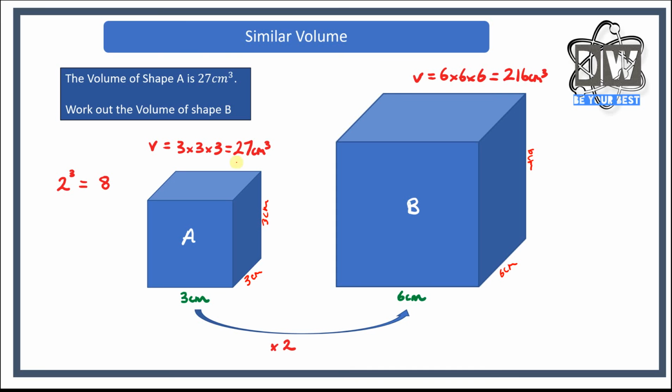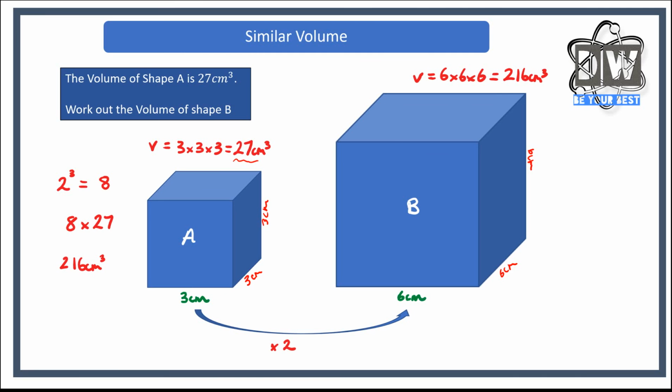Then all we do is take the 27 and times it by 8. Brilliant. And then we get 216 centimeters cubed. You can see that they match and they are the same, and we've proven that our system works.